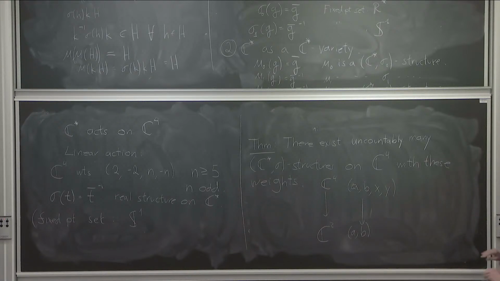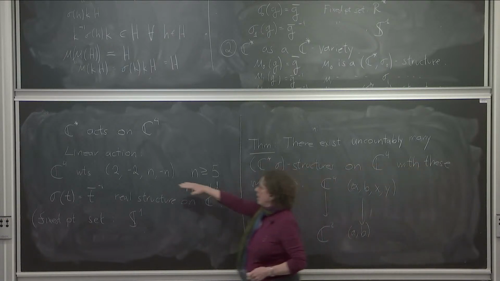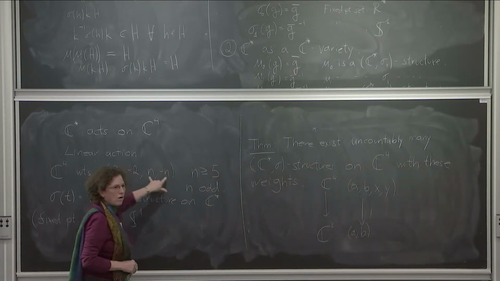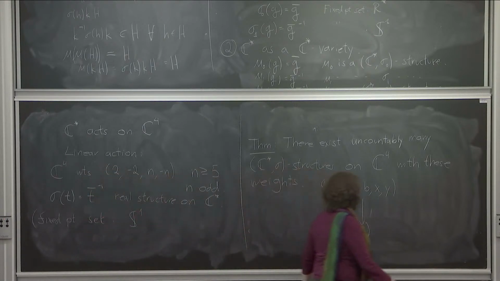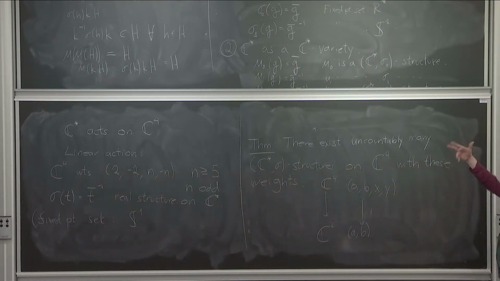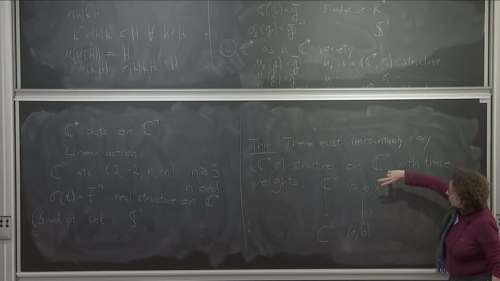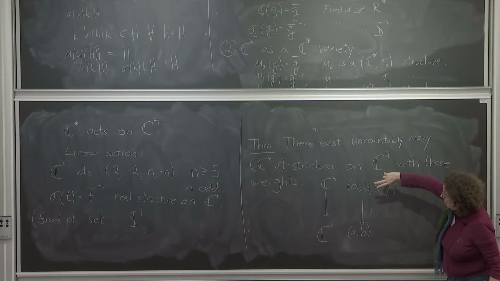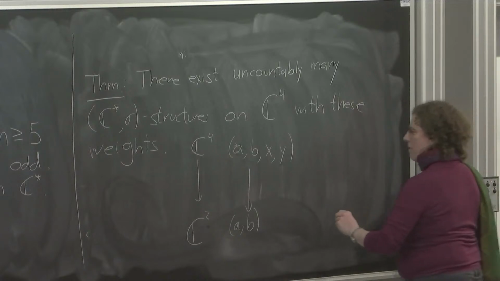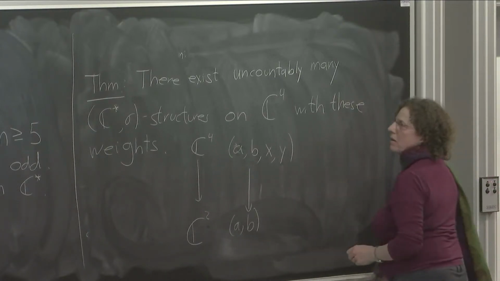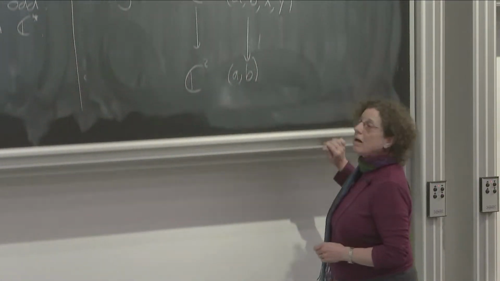It's just a vector bundle over C2 with fibers here, and I put weights of this action here. And what one can do, in a very similar way to what I did before, is construct real structures that make the, well, I'll say it like this, because time is running out.